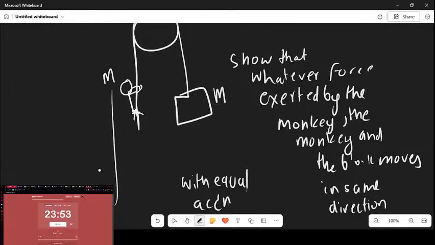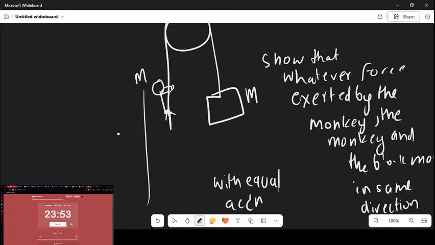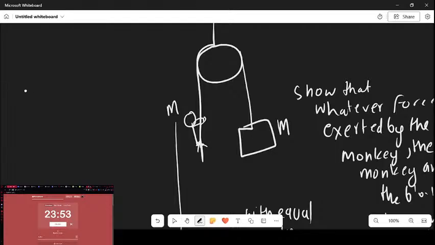So M, F force applied, and this monkey moves upward by an acceleration a. Right?